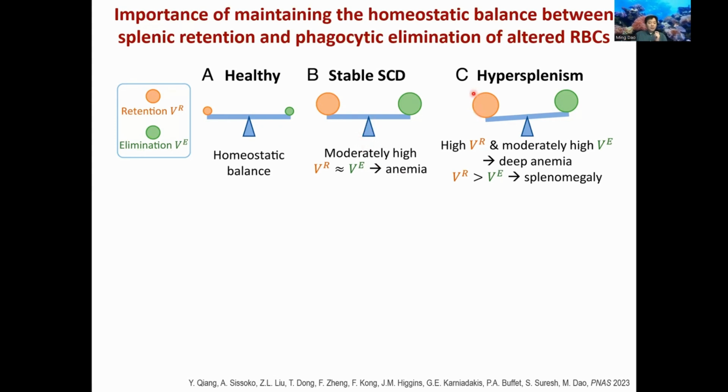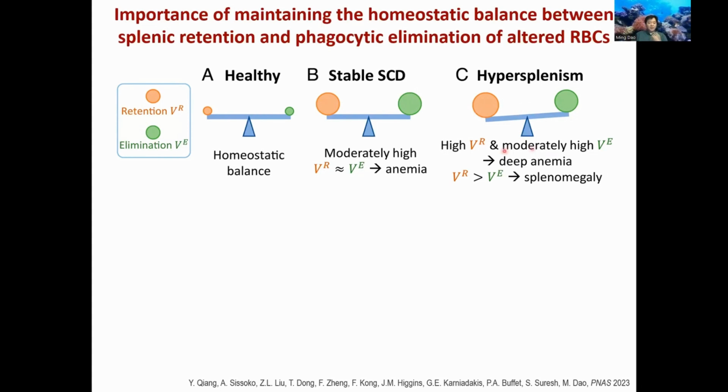So under hypersplenism, what happens is the retention of the sickle cells can be higher than the capacity for eliminating these cells. The spleen works very hard, but the macrophages cannot keep up. So the balance is broken.